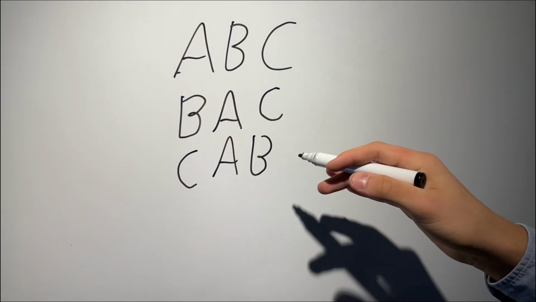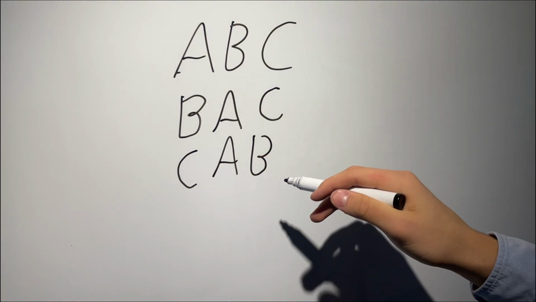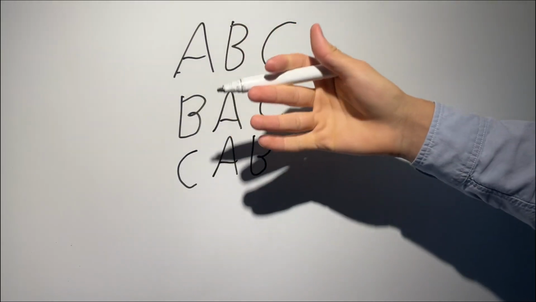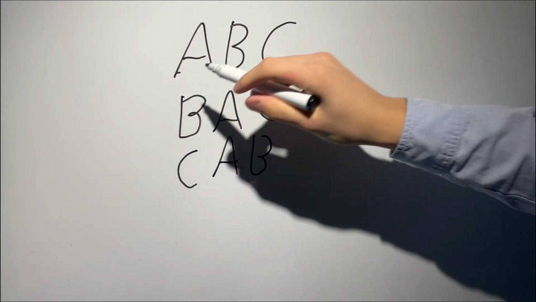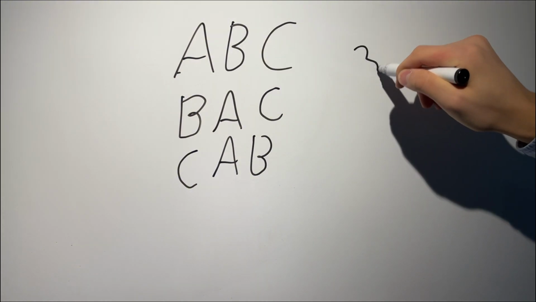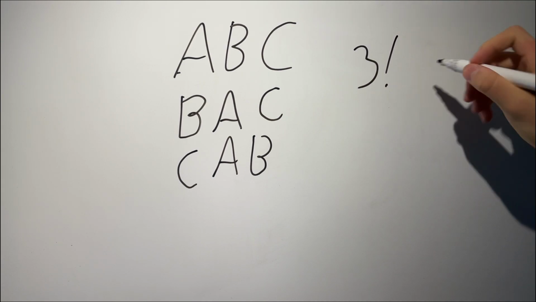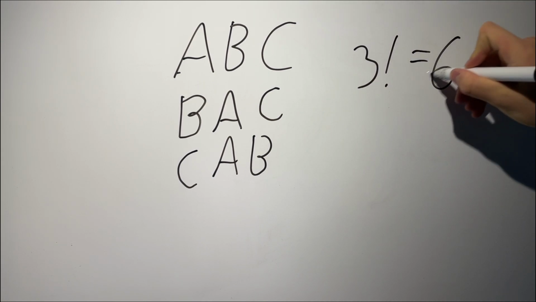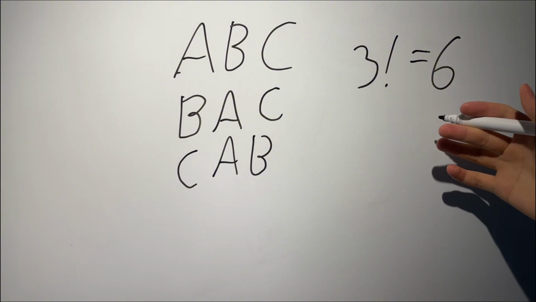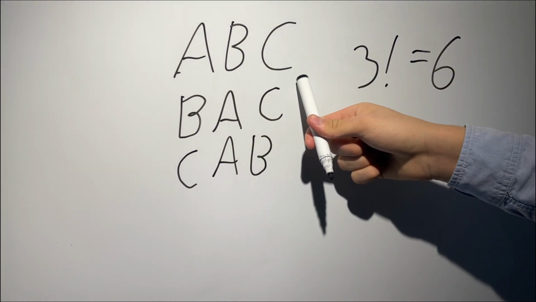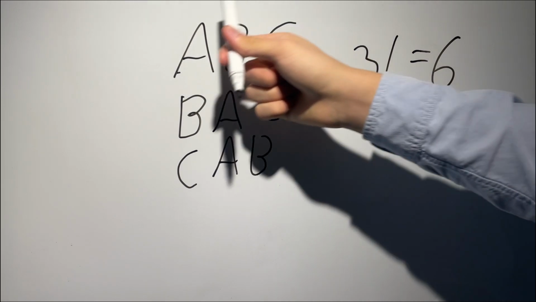But the way to make this simple is just take the number of objects in the set. For example, here we have 3, and just make it factorial. And we already did the calculations for this. It's 6. So there's 6 ways to arrange these 3 letters differently.